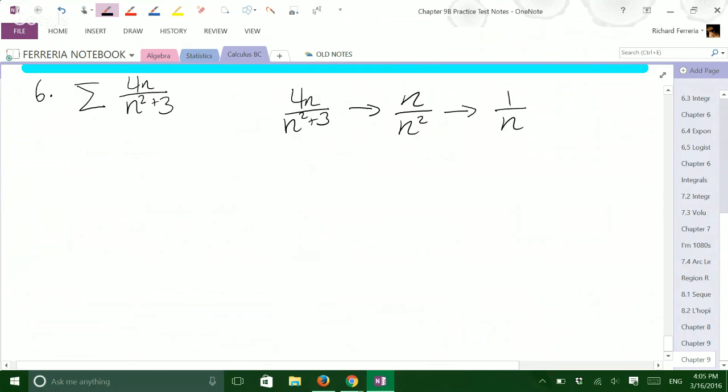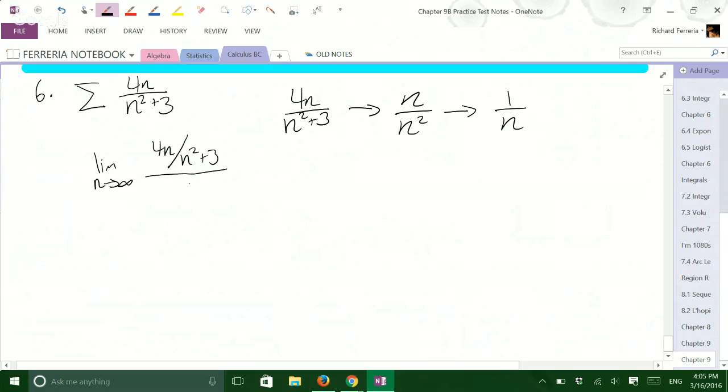1 over n is a p-series that diverges. So we're looking for divergence here. Take a limit as n approaches infinity. Take the original series, shove it on top.